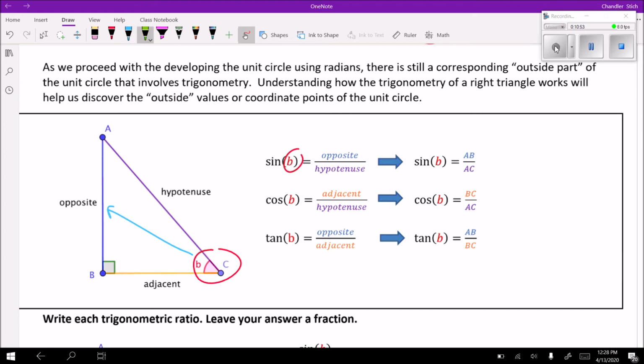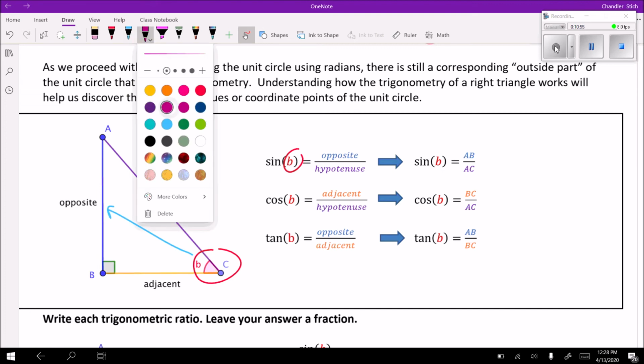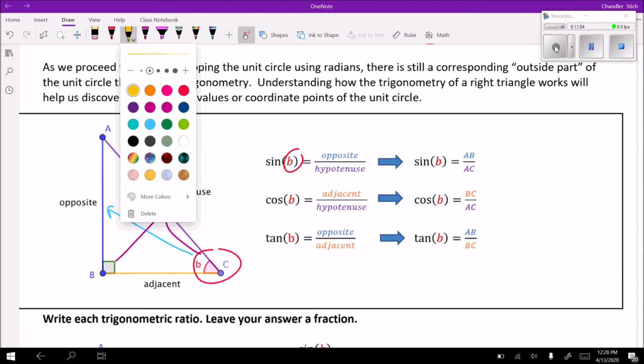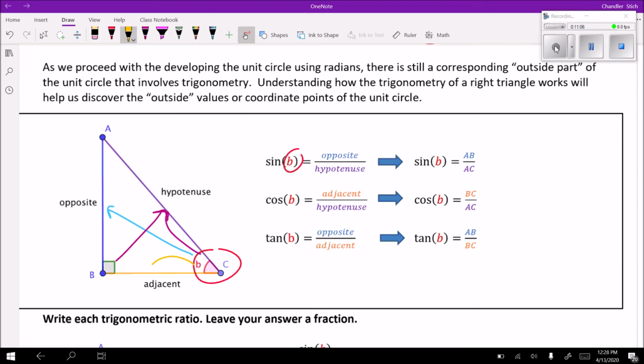We have hypotenuse, which is always the largest, or always across from the 90-degree angle, is always your hypotenuse. And then you have your adjacent, which, by the way, is the toughest one to find, but that is always next to your angle. That is always the one that touches your angle that is not the hypotenuse. That is your adjacent.